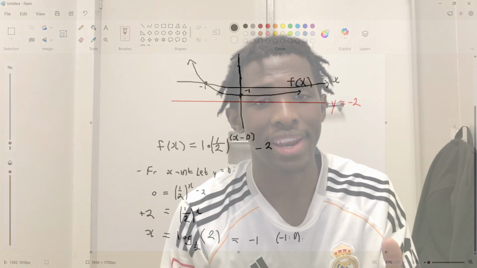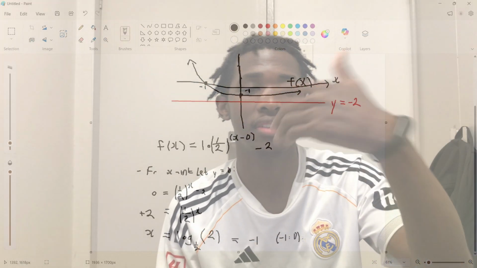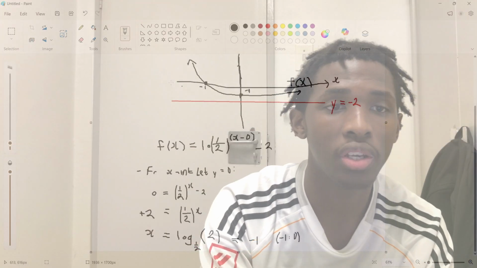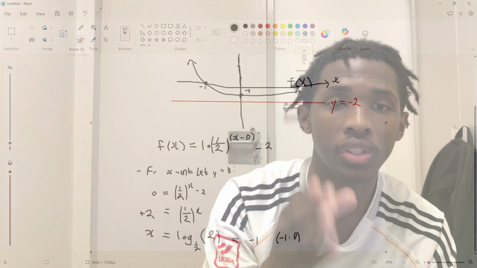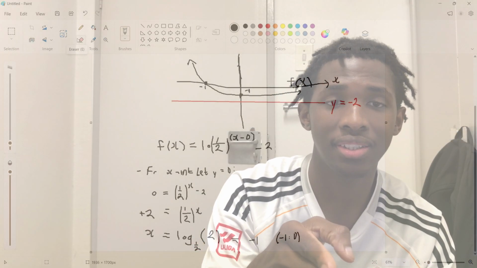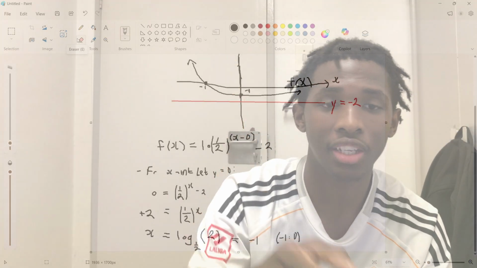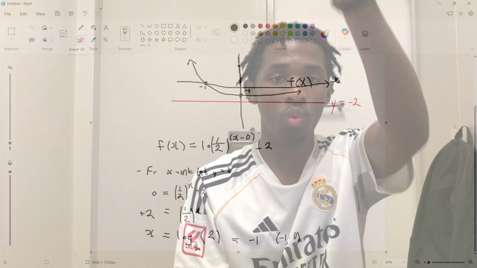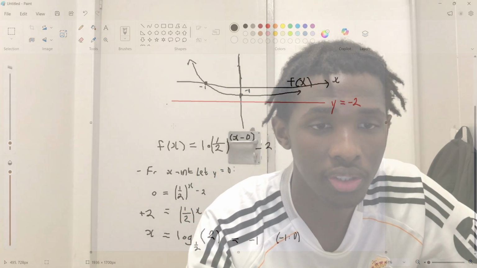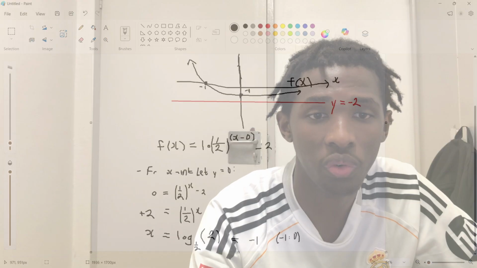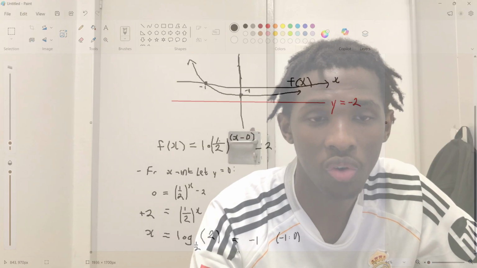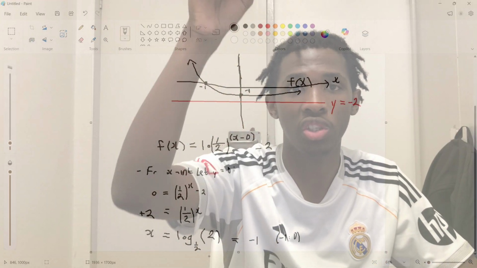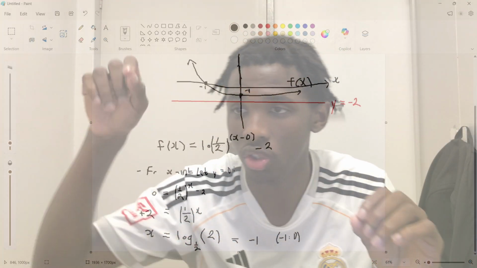Then to find where the graph cuts our y-axis, you just say let x equal to 0, because on the y-axis, x is 0. When you put 0 here, you have a half to the power of 0, that's just 1, minus 2.